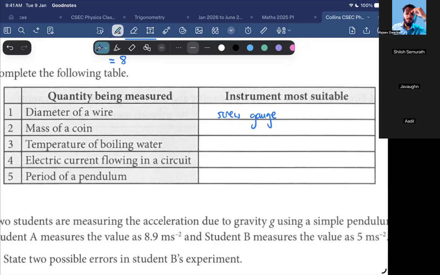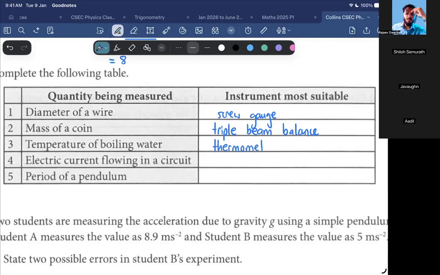Yeah, triple beam balance. And temperature, boiling water. Thermometer. What kind? Well, here we didn't reach that part of physics yet, so you wouldn't really know. So I just put thermometer for now.